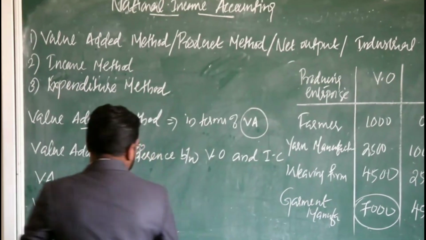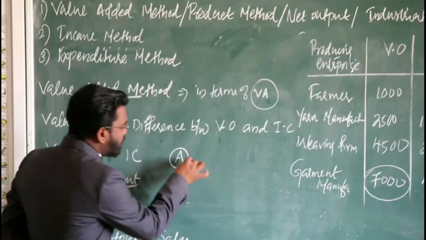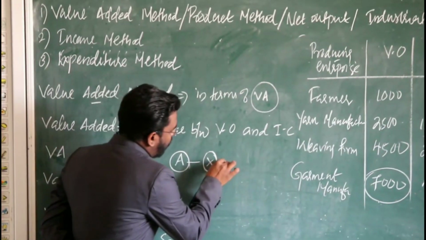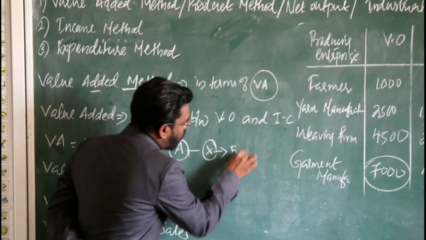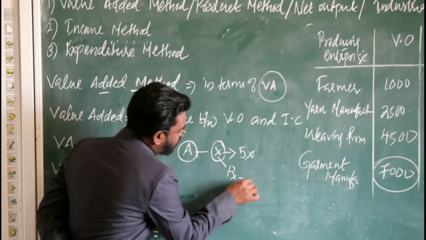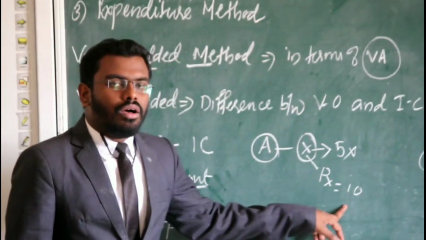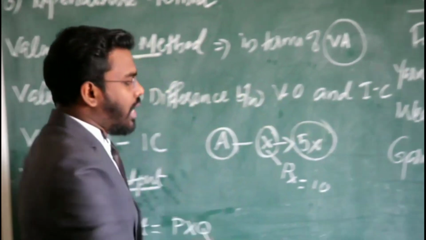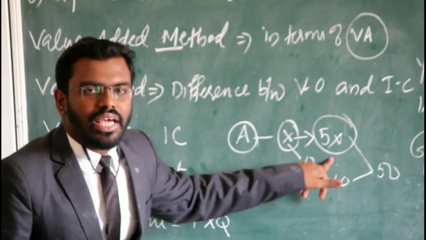For example, suppose individual A is a producer producing commodity X, and in this year he produced 5 units of commodity X, and the price of commodity X is rupees 10. Then what will be the value of these 5 units? That is 50.